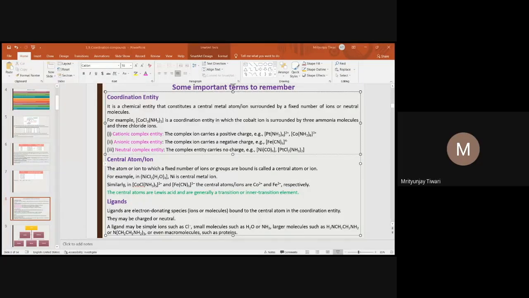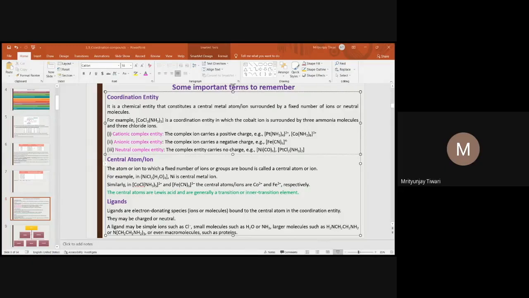The number of such ligating groups is called the denticity of the ligand, which I have just explained. One point I forgot to mention: denticity is represented with the Greek letter kappa, and that is what is called kappa notation.